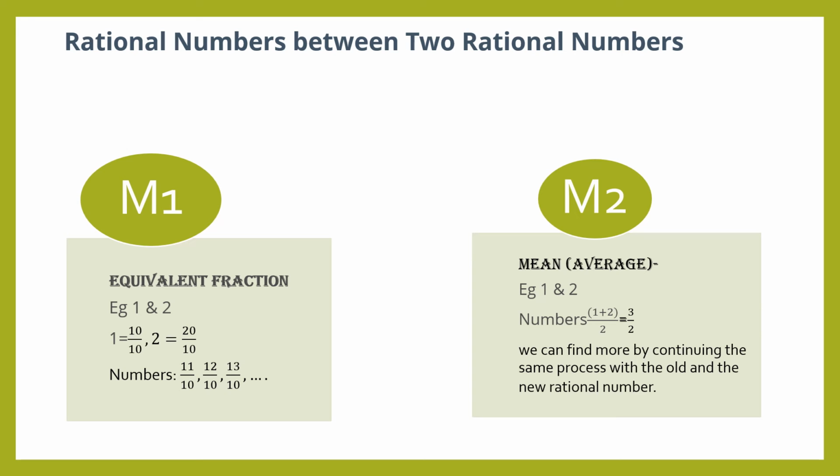Suppose we want to find now the next number. You can take one number as 1 and another number as 3 by 2. So the average will be 1 plus 3 by 2, all by 2.